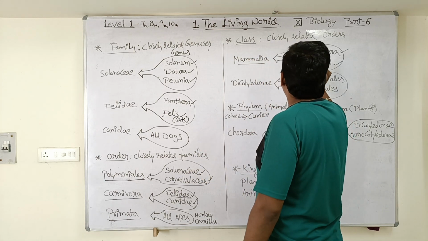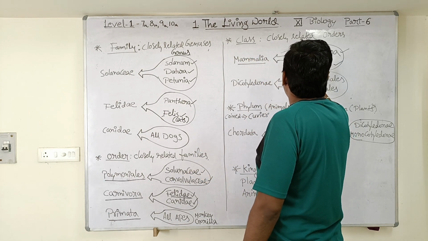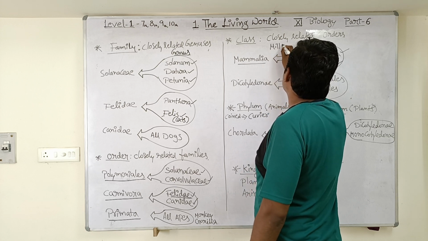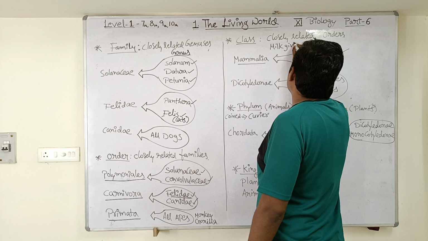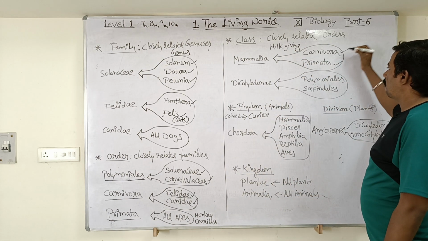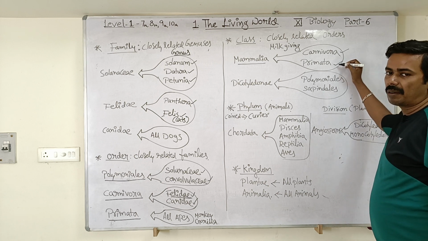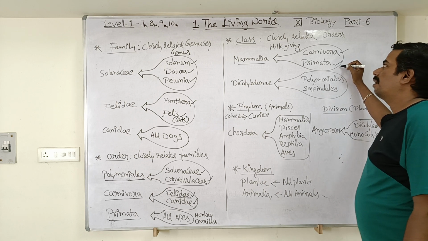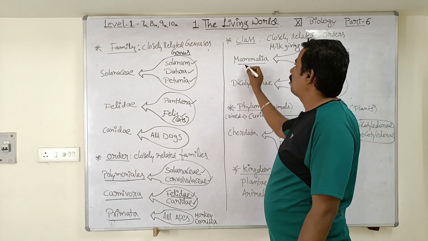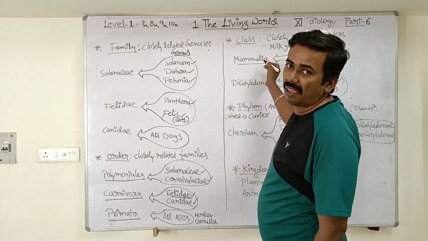Both these animals in the orders Carnivora and Primata are milk-giving animals. They provide milk to their young ones. So that's why they are included in a class called Mammalia.